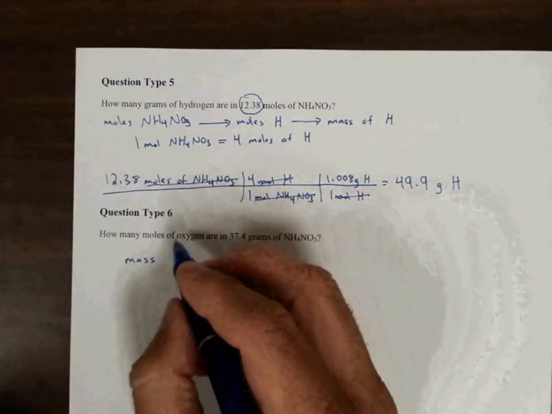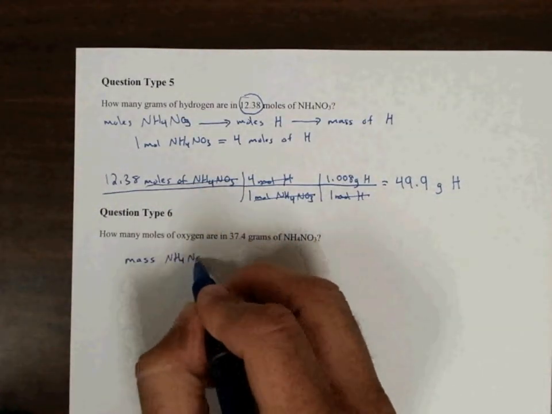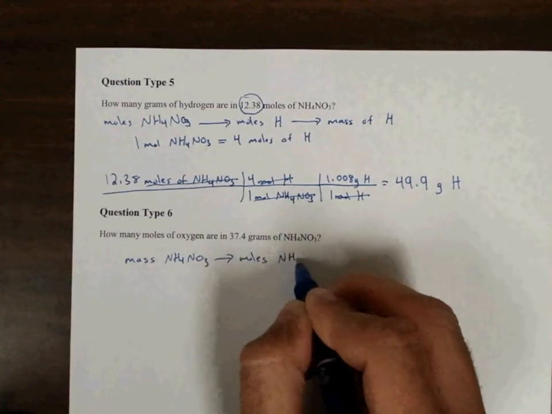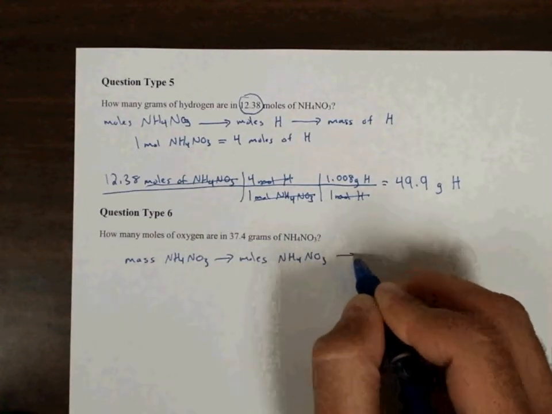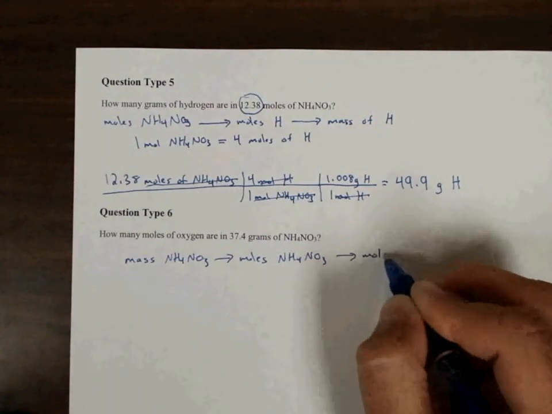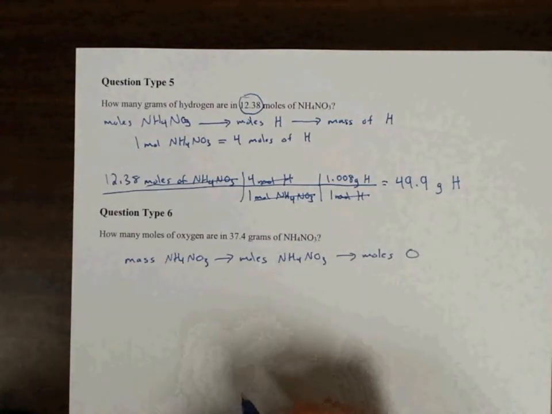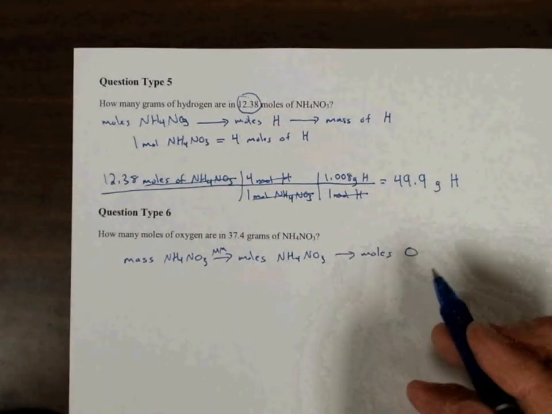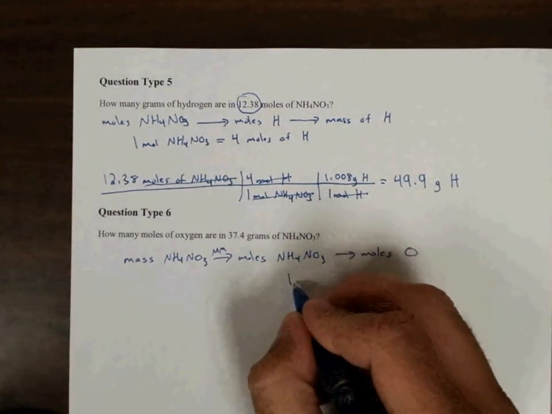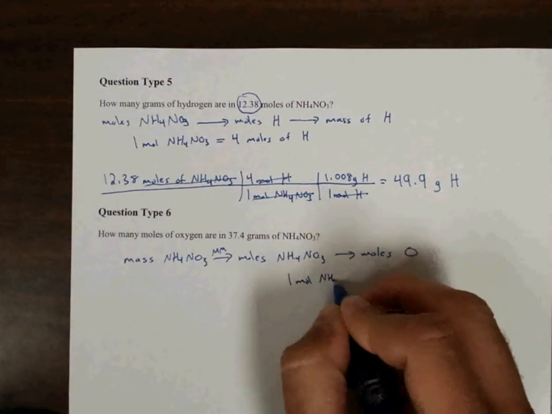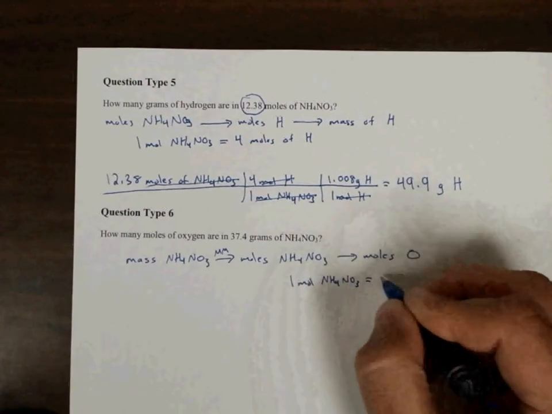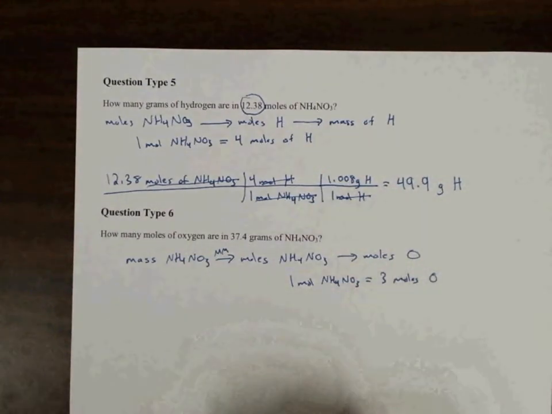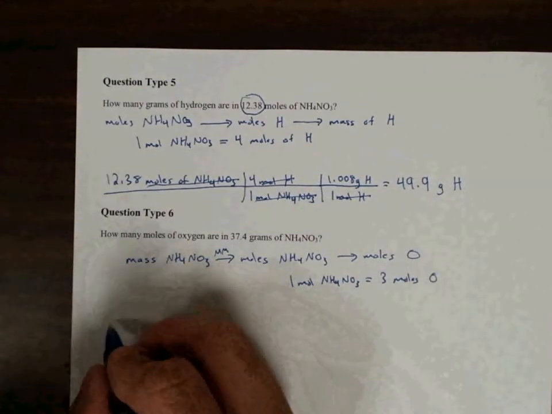Here we're going to take the mass of NH4NO3 and convert that into moles of NH4NO3 and then into moles of oxygen. Okay, the first one is going to use the molar mass conversion. The second one is going to use the ratio. For every 1 mole of NH4NO3 there are 3 moles of oxygen.